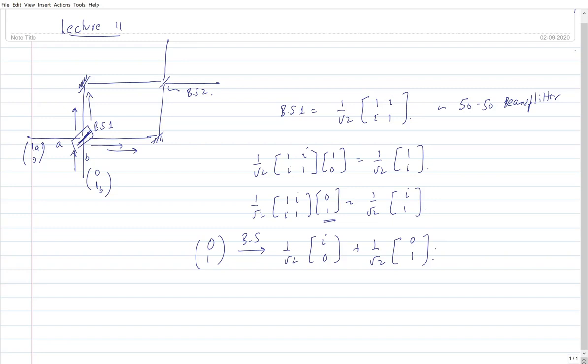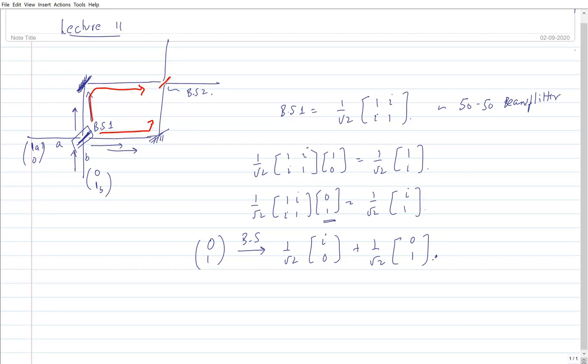So that's the action of the first beam splitter. We'll ignore the action of the mirrors. Essentially, the mirrors are going to put a phase difference, but since it's a balanced Mach-Zehnder interferometer, both these paths are going to acquire the same phase. That's not going to matter.